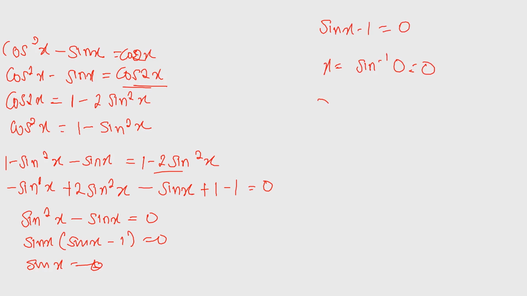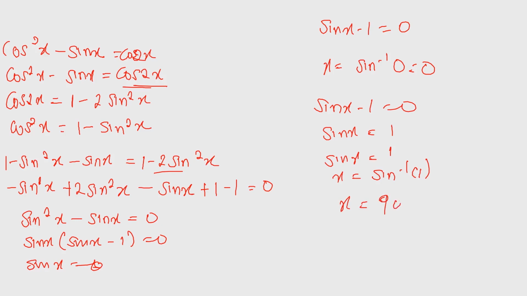Then the other one, sine x minus 1 is equal to 0, then sine x will be equal to 1. Then x is equal to sine inverse of 1. So sine inverse of 1 is what? It is 90.